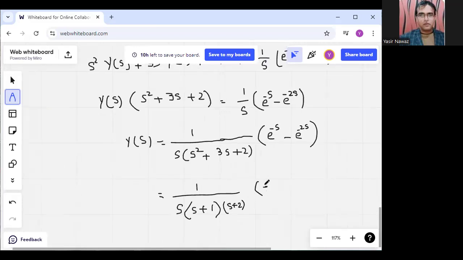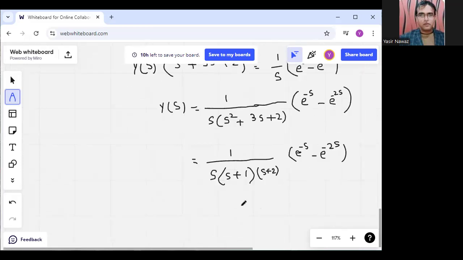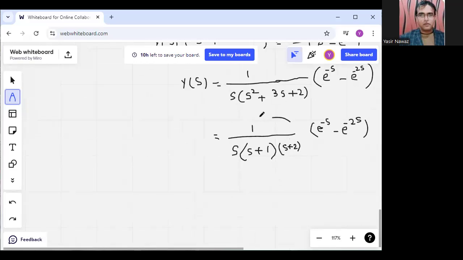I'm not going into that factorization thing. Now I will apply the Laplace inverse. When I apply the Laplace inverse, these are the three factors which are multiplying with each other. So what I will do, I will try to use partial fractions for this thing.